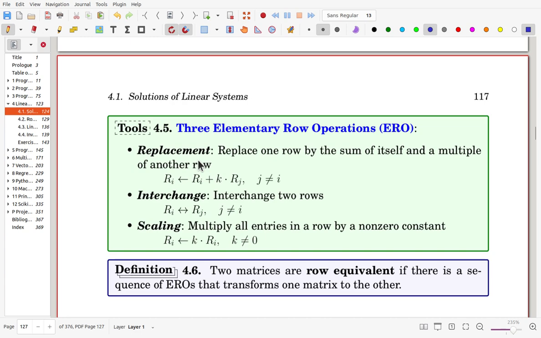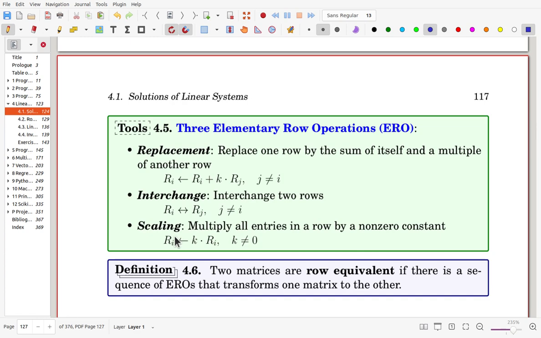That is replacement. And interchange is changing 2 rows, the ith row and the jth row. And scaling, we can multiply a row by a non-zero constant k. So we can get the scaling. We used these operations. These are 3 elementary row operations.